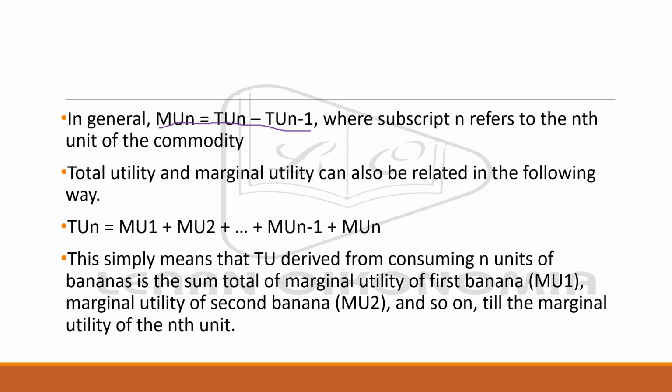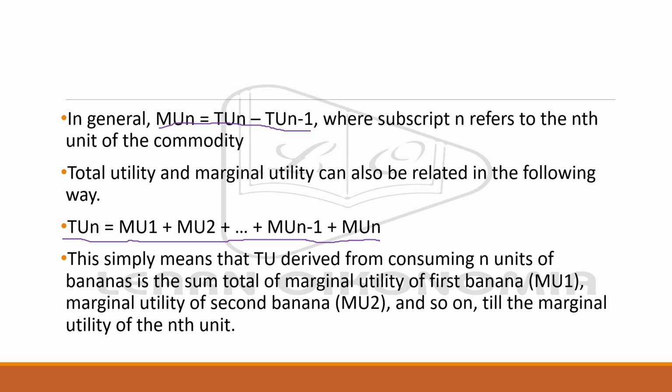The total utility can also be considered as a summation of marginal utility. What would be the total utility of consuming n units of a commodity? It would be the marginal utility of consuming the first unit, the marginal utility of consuming the second unit, the marginal utility of consuming the next unit, and so on to the marginal utility of consuming the nth unit.